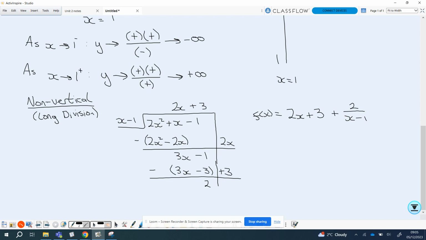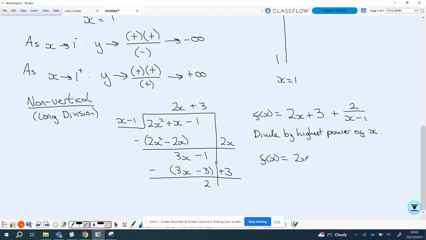What we do now is divide the fraction by the highest power of x. The highest power of x is just x in this case.